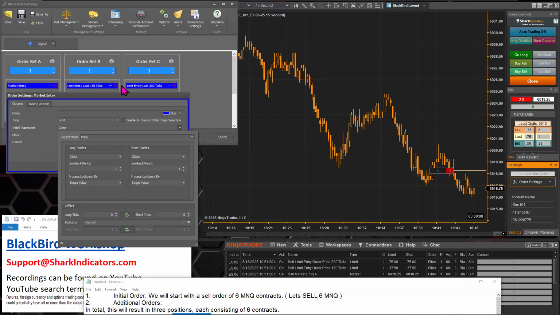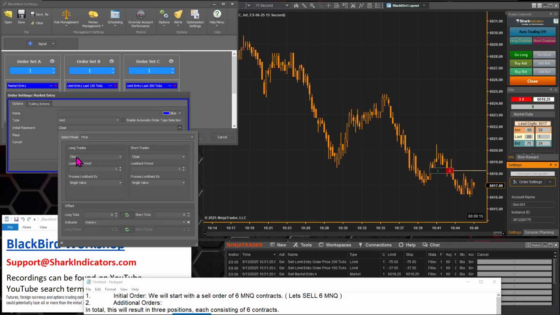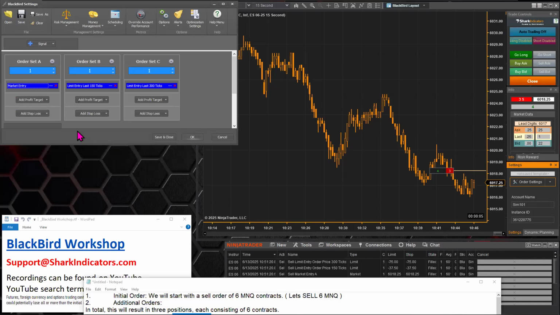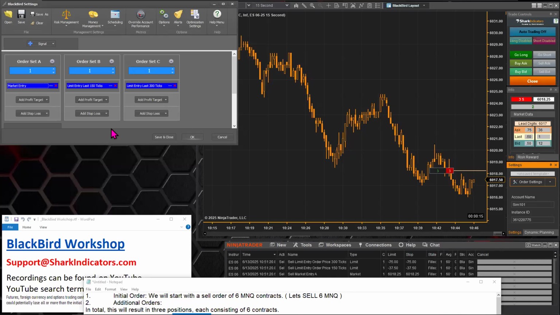So the 2 scaling orders here, we can calculate off of this known price for the first entry order. But this is not a known price, so we're going to introduce a little bit of slippage here.